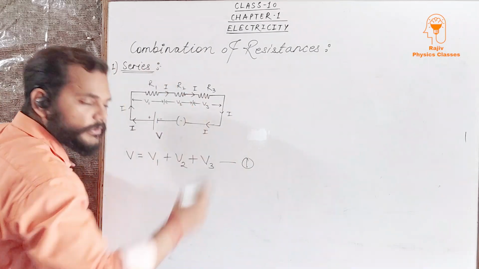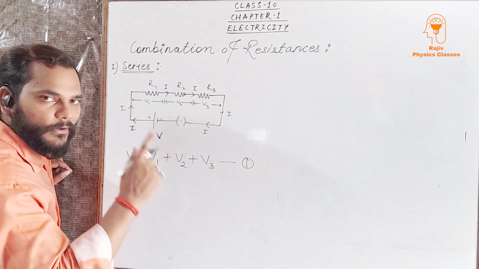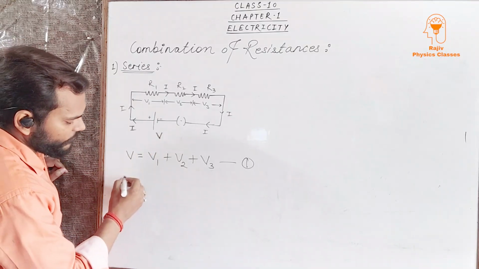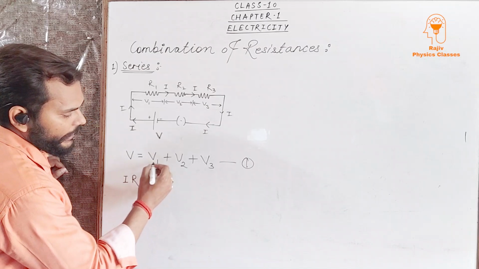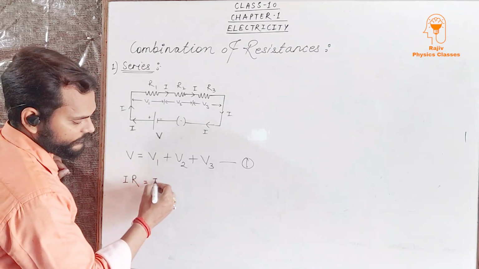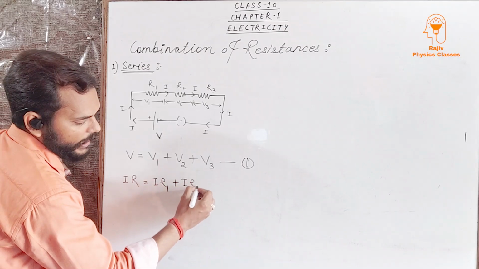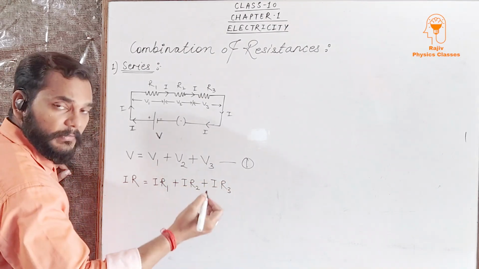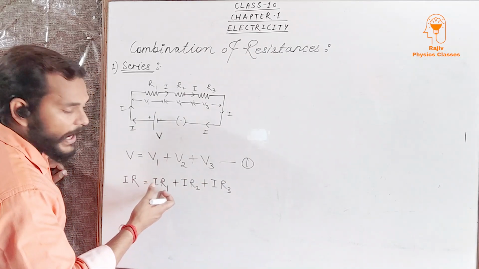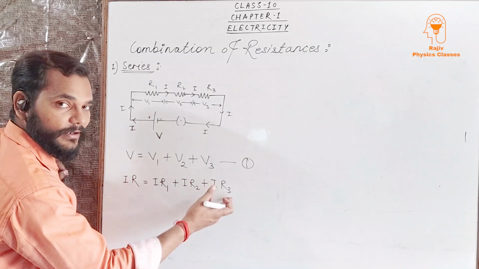Now recall Ohm's law. V is equal to IR. So in place of V, what can I write here? IR equals to, in place of V1, IR1, in place of V2, IR2, in place of V3, IR3. You can ask me, sir, why only IR1? Why not I1R1? Why not I2R2? Why not I3R3?